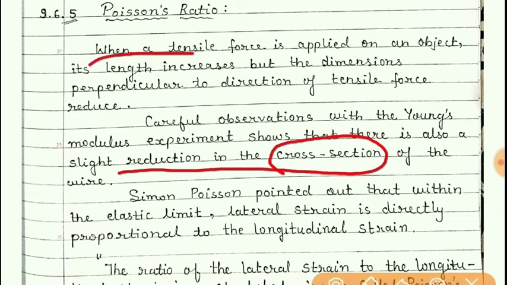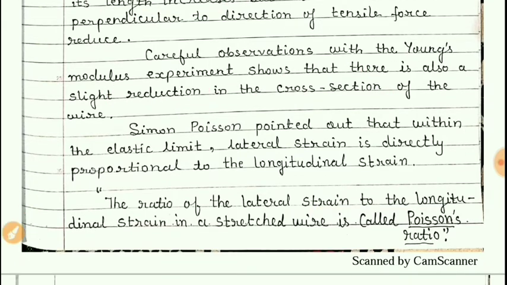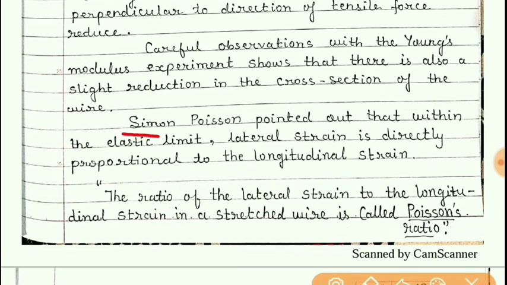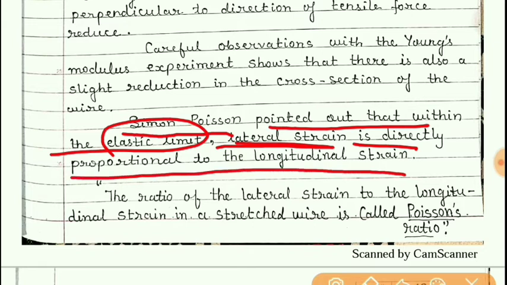When the length increases, the cross sectional area will reduce. So this was studied by Simon Poisson, and he pointed out that within the elastic limit, lateral strain is directly proportional to the longitudinal strain.